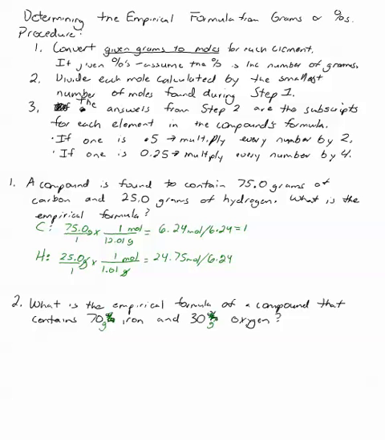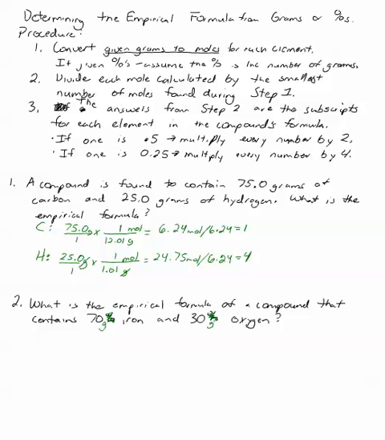That gives us a 1 here, and for our other one, just to make sure our numbers are all good, we end up at 3.97. Now, 3.97 is essentially the same as 4, because we want whole numbers. So we have 1 carbon and 4 hydrogens.